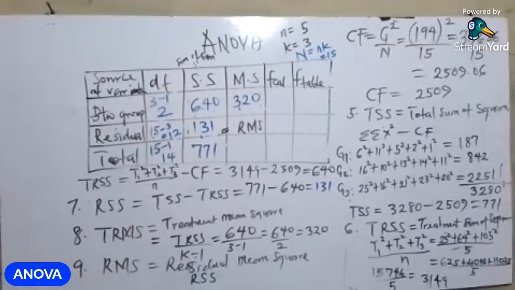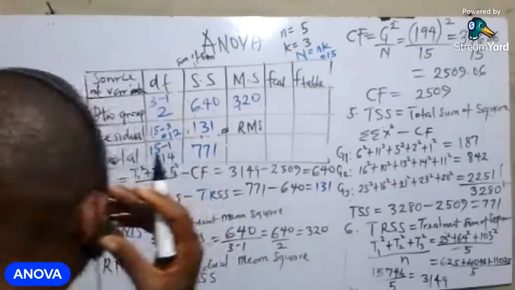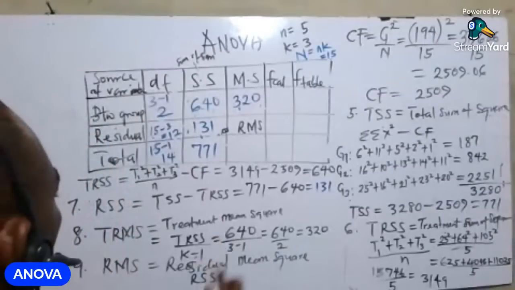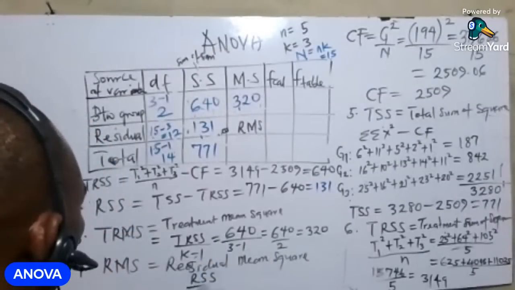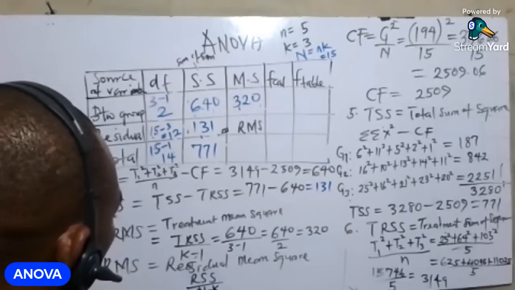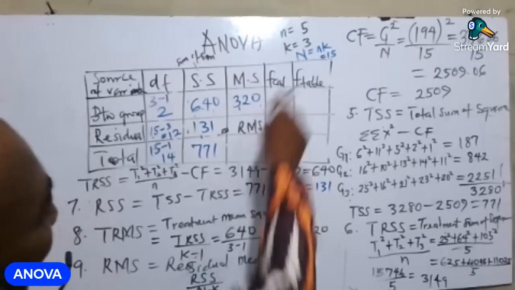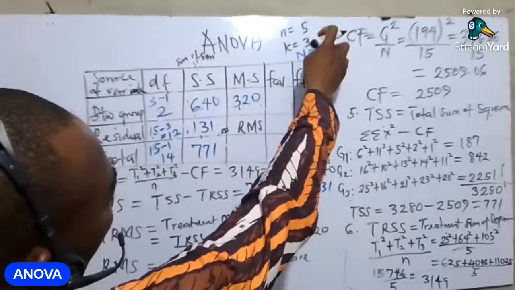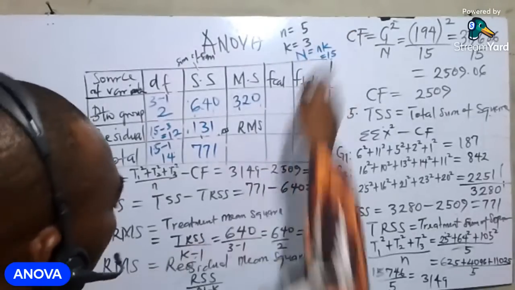RSS, which we have got before. So RSS to be divided by n minus k, that is the capital N, the number of observations multiplied by the number of groups.